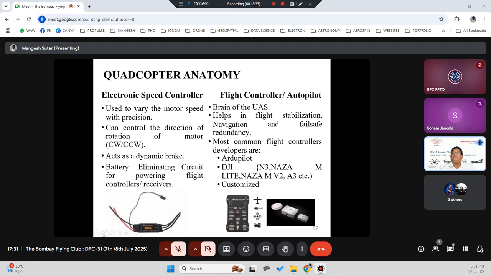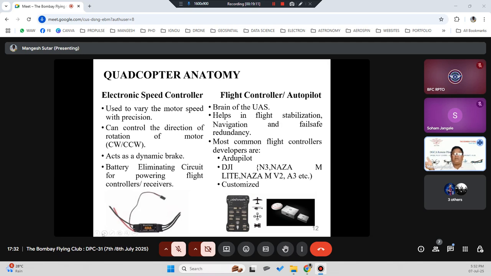But if you use a 25 ampere ESC for a 25 ampere motor, at full speed your ESC will become very hot, and there is a possibility of that ESC getting burned. So when you have a motor that is pulling 25 amperes of power, you have to use an ESC of a little higher capacity, maybe 30 or 35 amperes.